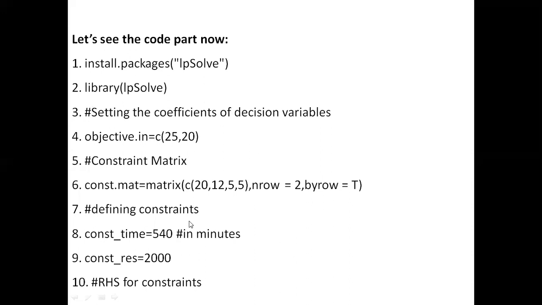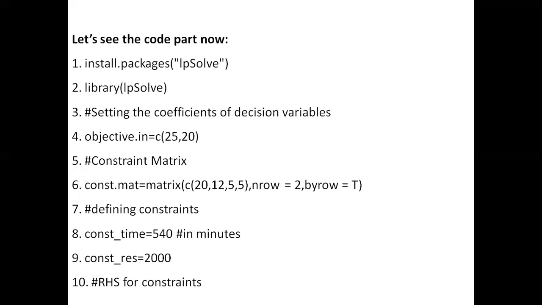Next, upon giving the instructions, we have to specify and define the constraints, that is, in how much time and how many resource units have to be utilized. Here the constant time specified is 540 minutes, that is 9 hours, 9 times 60 is 540 minutes.